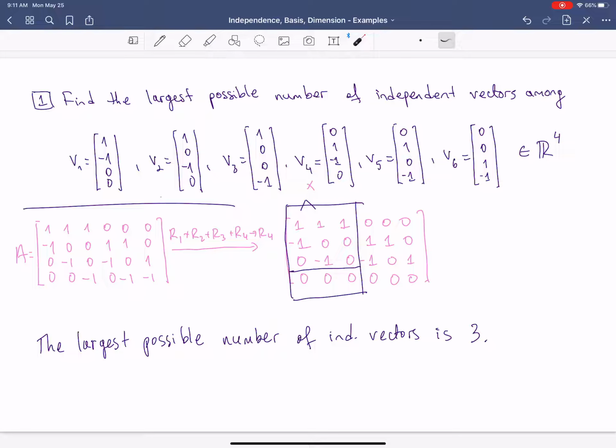If you look at these 6 vectors, these are all the ways in which you can build a vector with 2 components equal to 0 and 2 components not equal to 0 that add up to 0. We saw that at most 3 of them are independent and the other 3 have to be linear combinations of these 3 vectors. So in fact, these 3 vectors give us a basis.